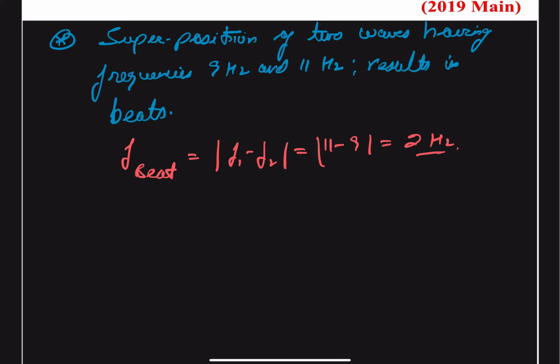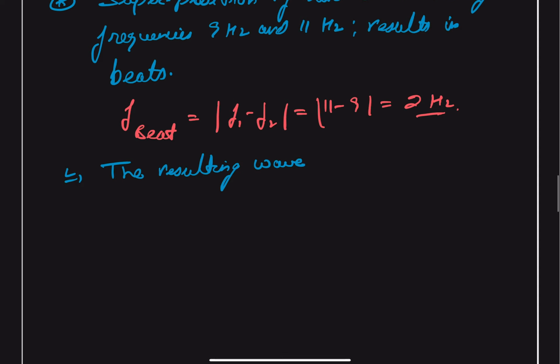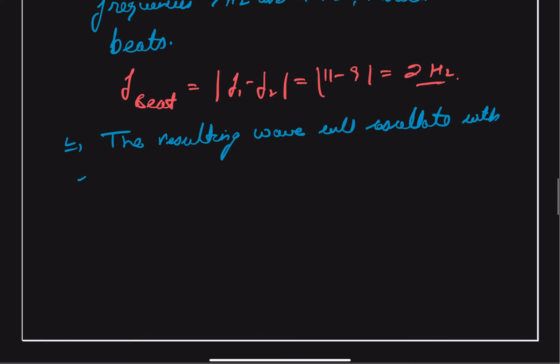So we can say from here that the resulting wave will oscillate with the frequency of 2 Hertz. So it means nodes and antinodes move in a periodic manner with a frequency of 2 Hertz.